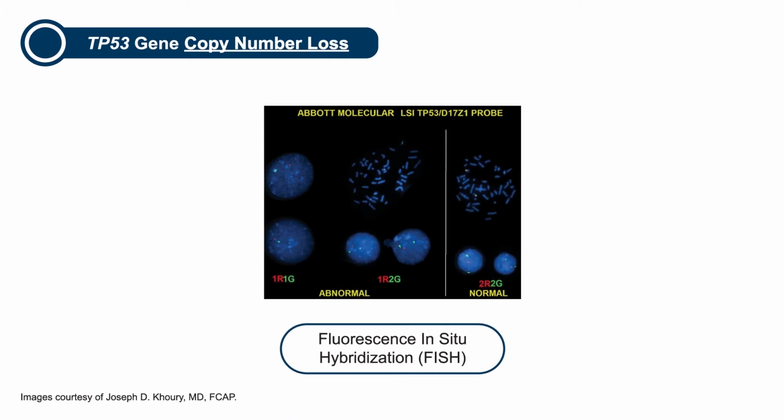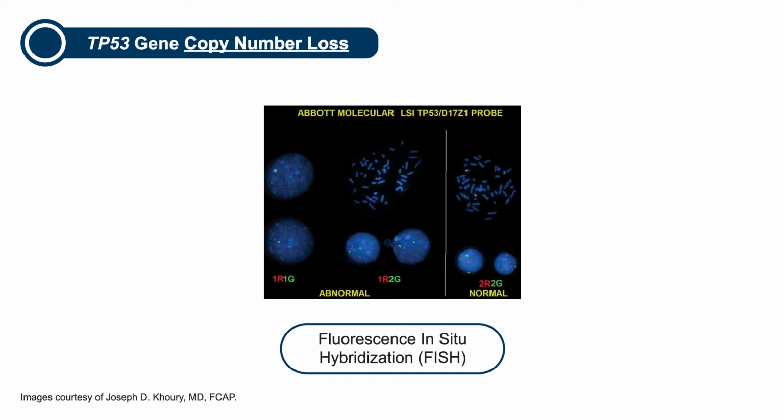Similar data could be obtained by using FISH, which uses fluorescent probes that you can see an example of here, where the P53 locus is highlighted with a red pseudocolor, and in the section designated as abnormal, you see one red color indicating that the other P53 allele has been lost.